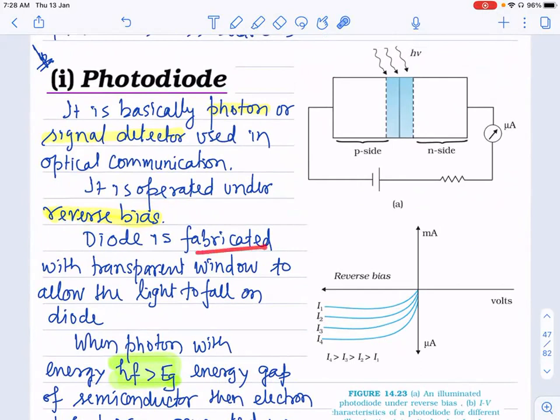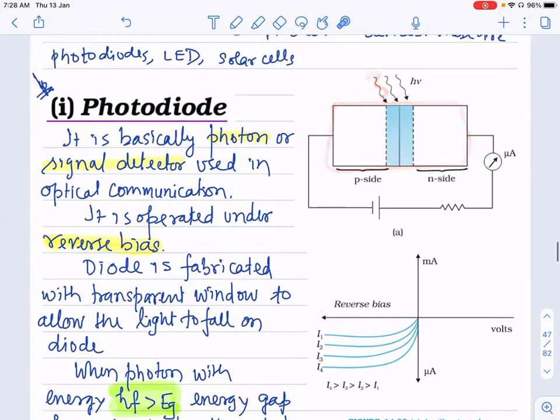The diode is fabricated with the transparent windows to allow the light to fall on the diode. ये transparent window में रहेगा, light containing the photons will fall here. So transparent window रहेगी यहाँ पर, so that photons should enter inside the region of the depletion layer.